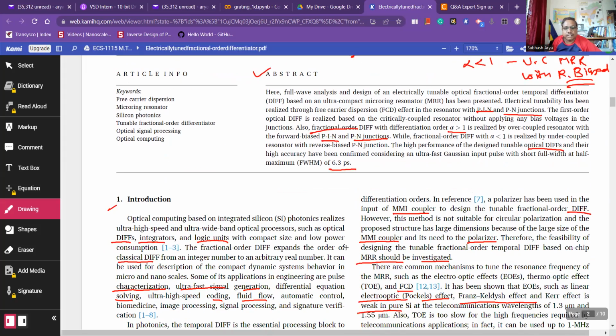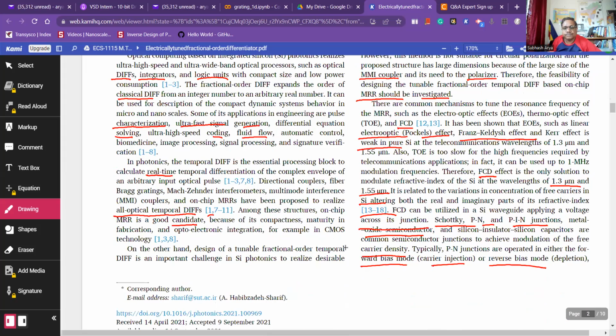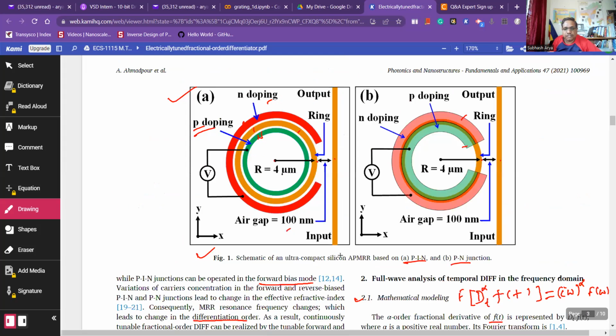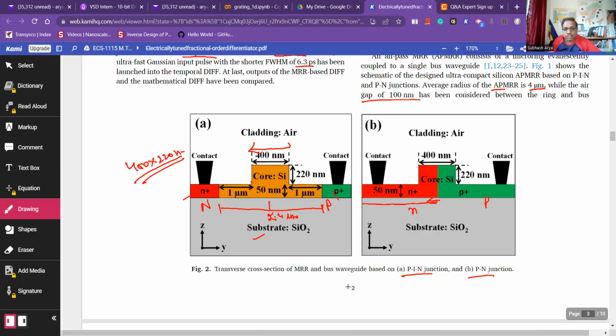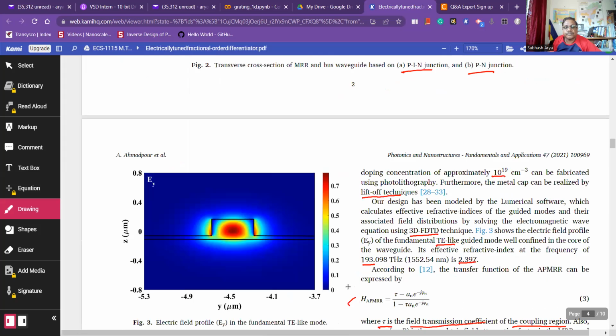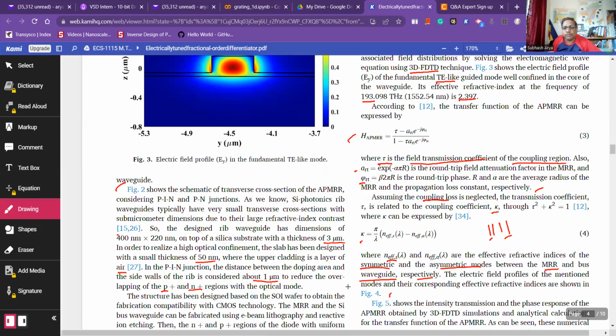Now we have already covered the introduction section. Then this is the schematic of the ultra-compact silicon all-pass micro-ring resonator based on PIN and PN. Then we have seen the transverse cross-section of the micro-ring resonator and bus waveguide based on PIN and PN junction. So this is the electric field profile.